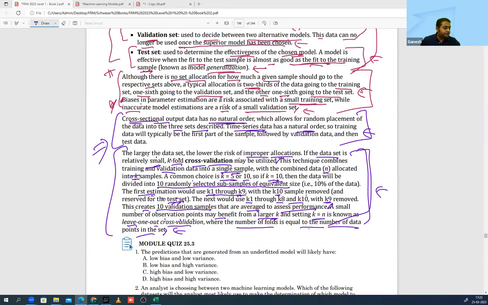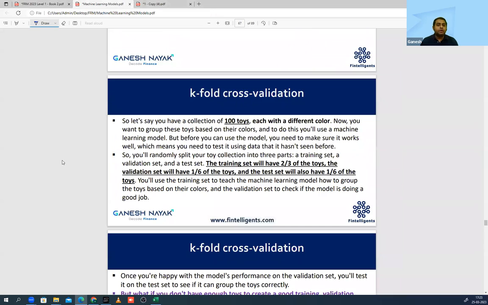Kindly read that paragraph. सबने पढ़ा? I'm just quickly asking you to read this PPT थोड़ा सा.